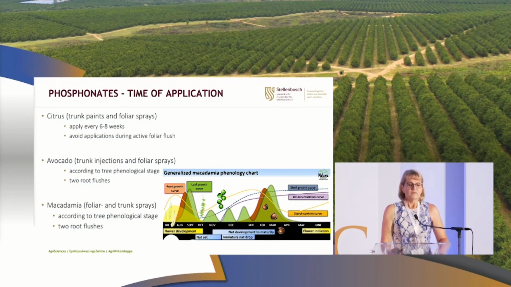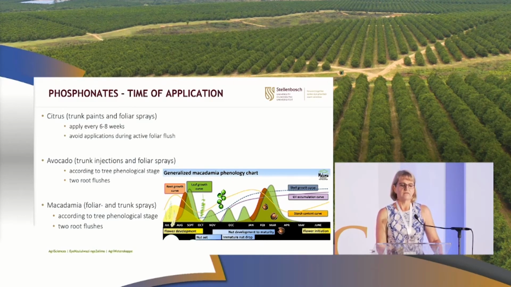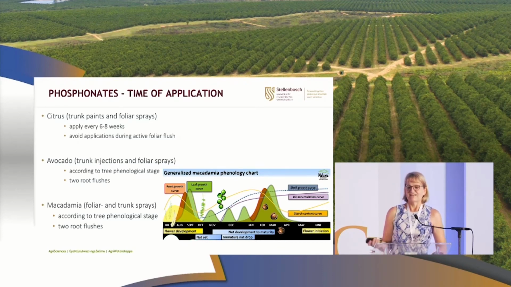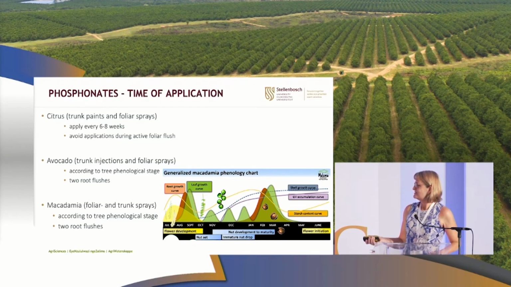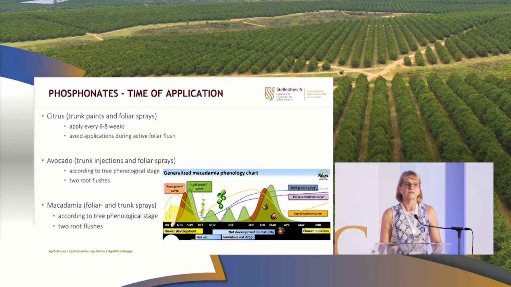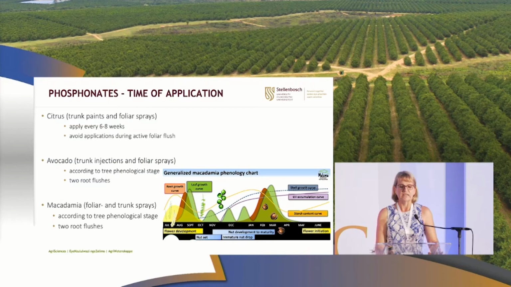In avocado and macadamia, the various application methods are usually targeted according to root flushes, and that again is due to the source-sink translocation of the product. You are all familiar with the phenological chart of the macadamia, so you want to apply it when there are root flushes, so there are basically 2 application windows.